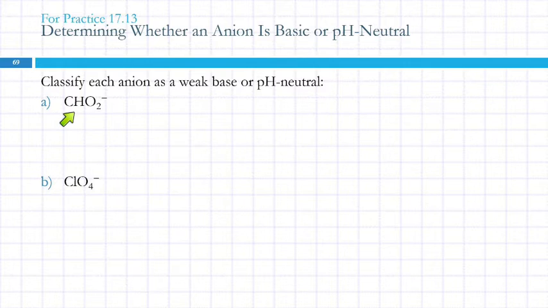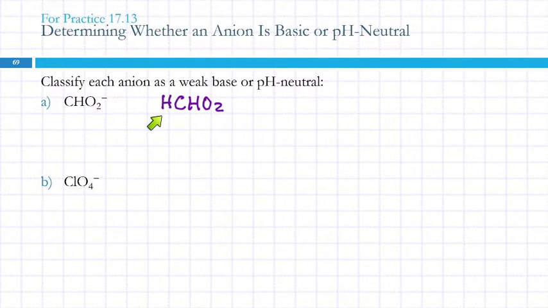So to make the conjugate acid, we add H plus, right? So that would give us HCHO2. I put the hydrogen on the front because hydrogen is a positive ion, and this is a negative ion. And so that's how we usually write things, the positive and then the negative.